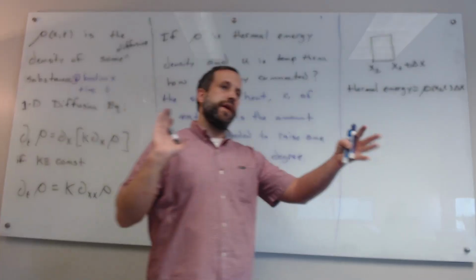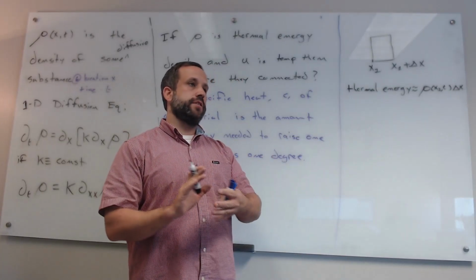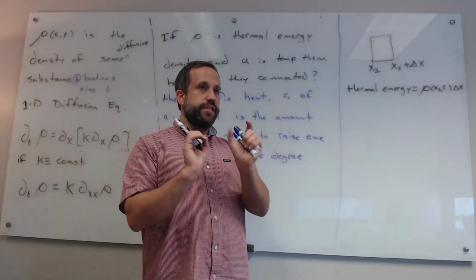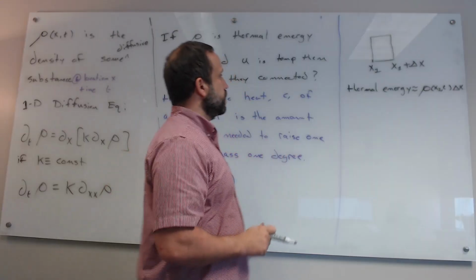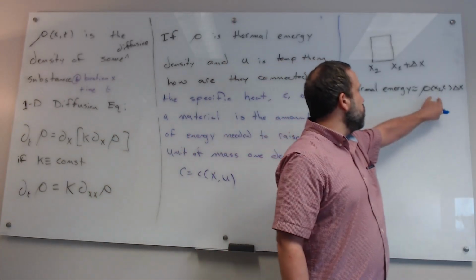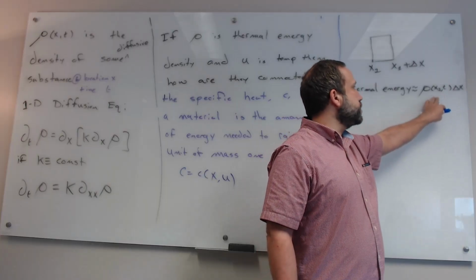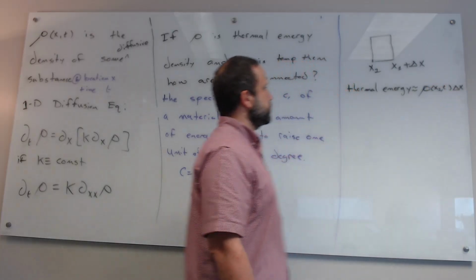We're assuming it's so small that the energy density and temperature are constant, basically completely homogeneous. Rho is the energy density, so energy density times length gives us energy.